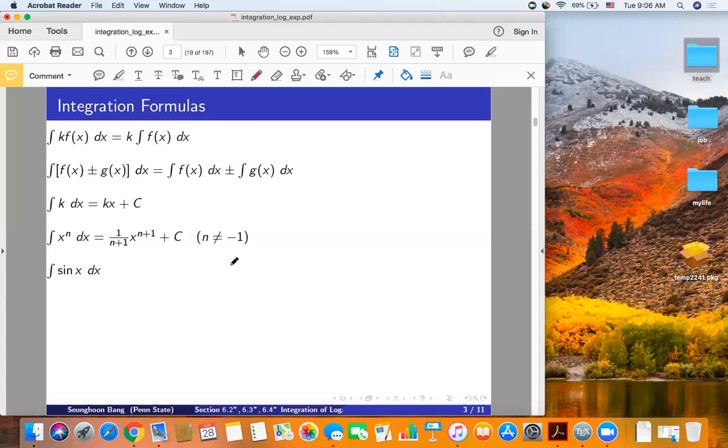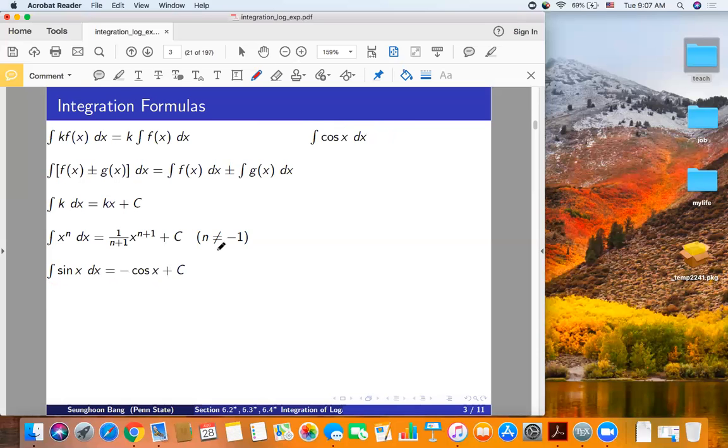Do you remember the integral of sine x dx? Could you write your answer on the chat board? The answer is negative cosine. Really be careful, same thing: the derivative of sine x is cosine, but the integral of sine x dx is negative cosine.